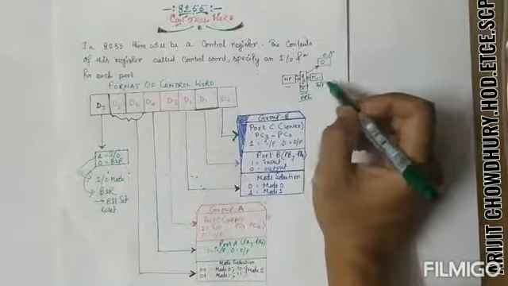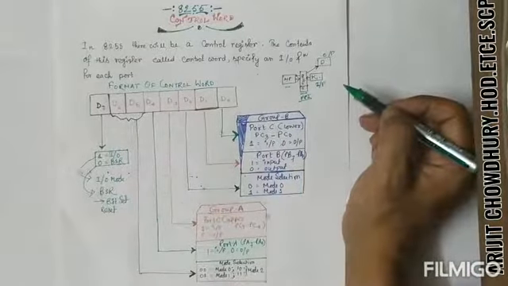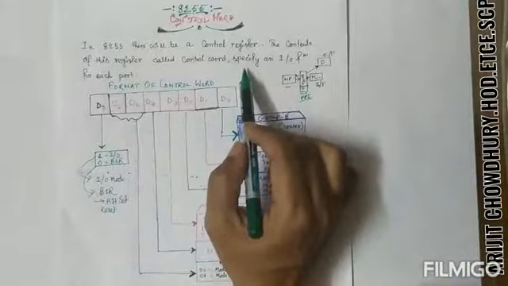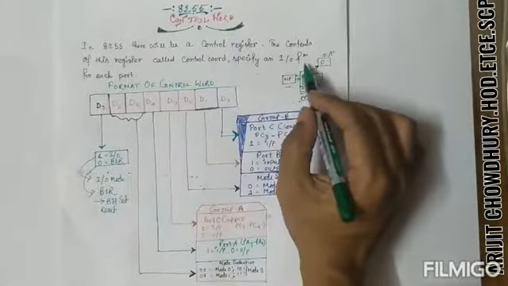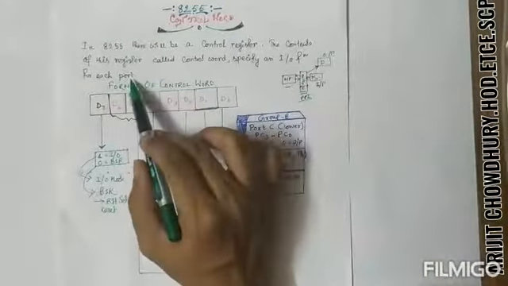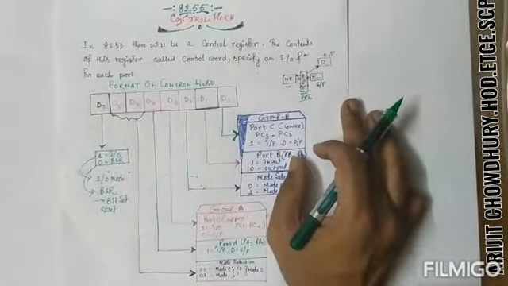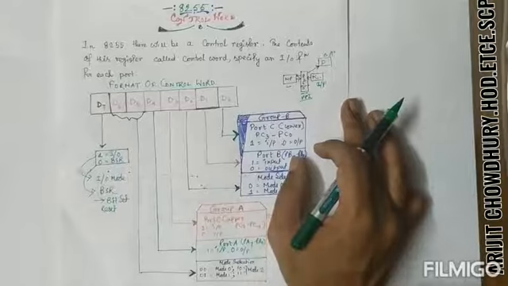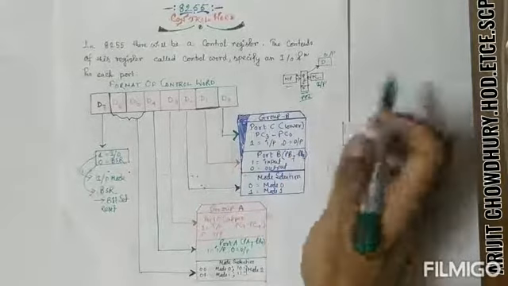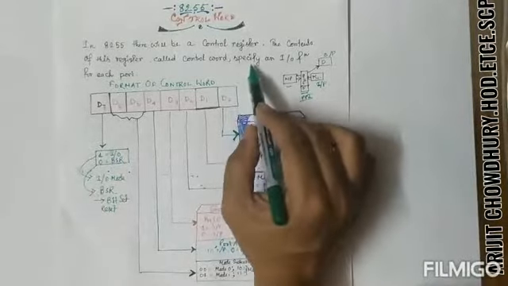Actually, the control word specifies the input output function for each port, whether the port acts as output or input.